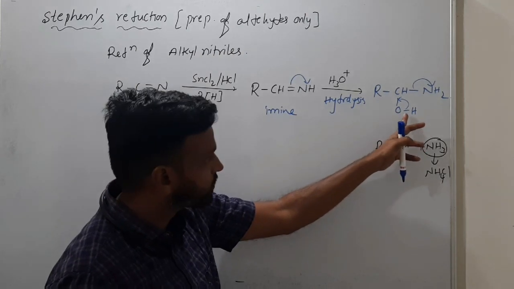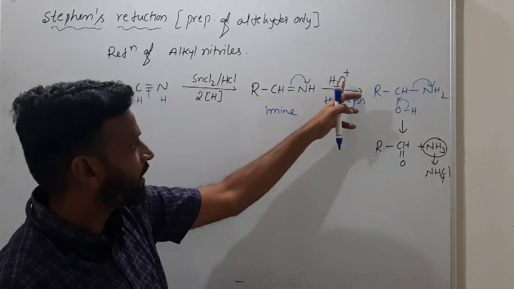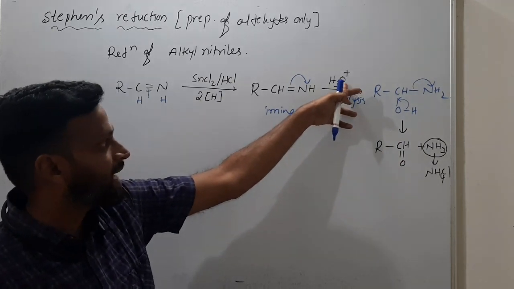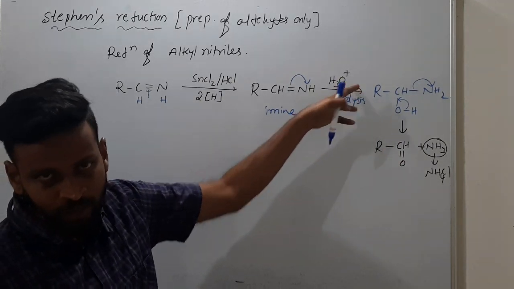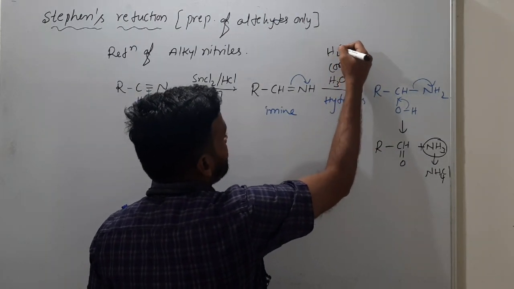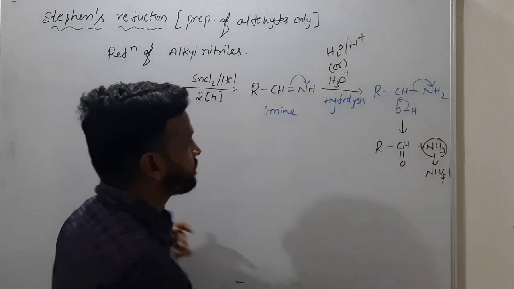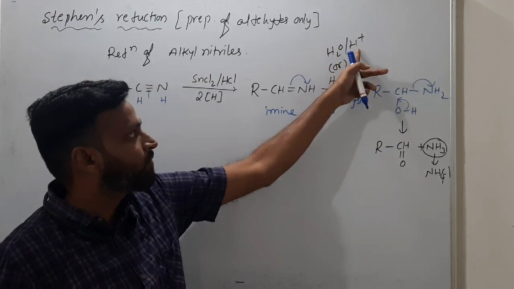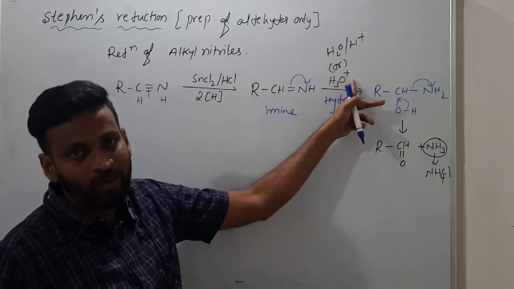So what happened, understood here? OH was added here. Hydrolysis means addition of water. So hydrolysis symbol H3O plus, acid hydrolysis. This is the meaning. That is nothing but H2O in presence of H plus. So acid hydrolysis, water molecules with H plus form hydronium ion.